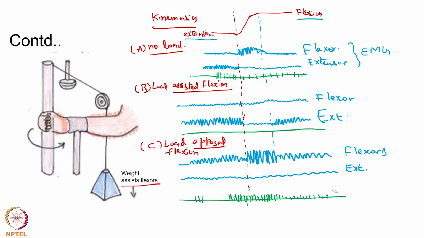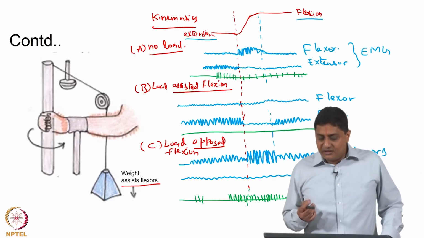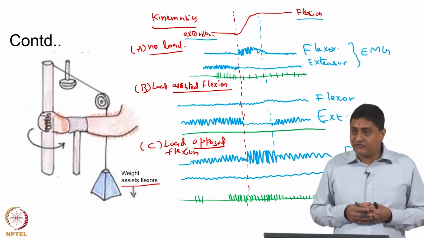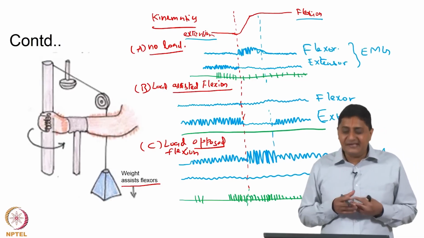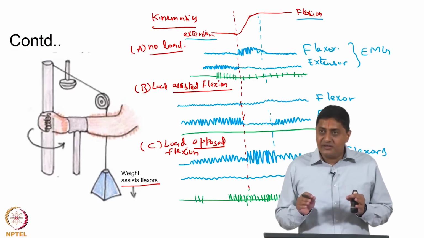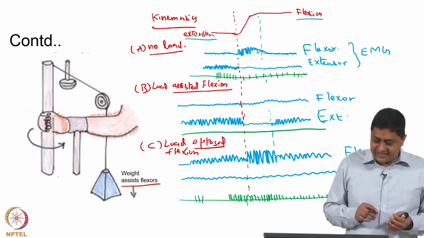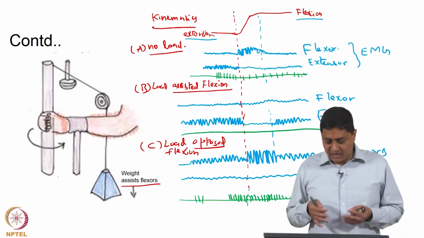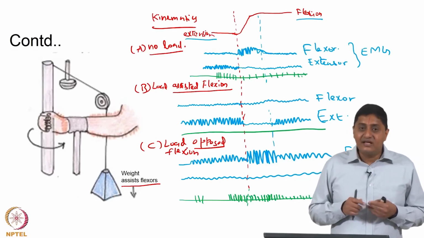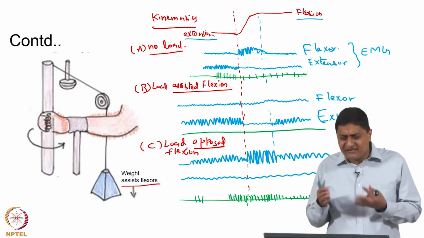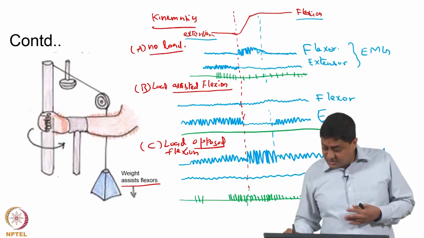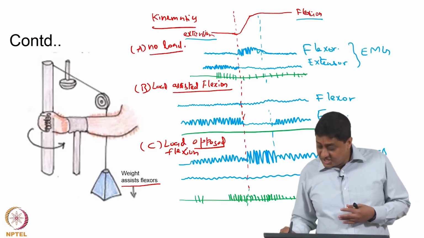So, from this what have we learnt? From this we have learnt that, or at least this data, or the data from Ed Edwards has supported the hypothesis that for the same kinematics, for the same movement, depending on the kinetics, depending on whether the load assists or opposes a particular movement, activity changes, not only in the muscle, obviously the muscle activity will change because that is going to cause a mechanical action, but also the neurons will change.